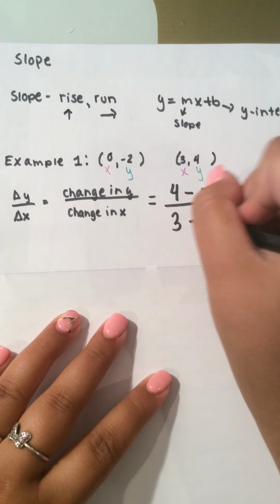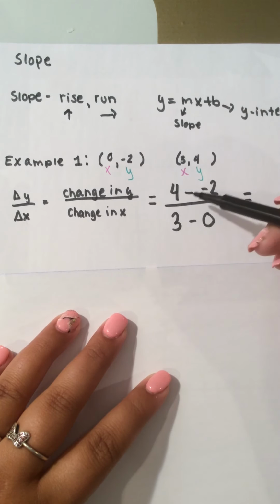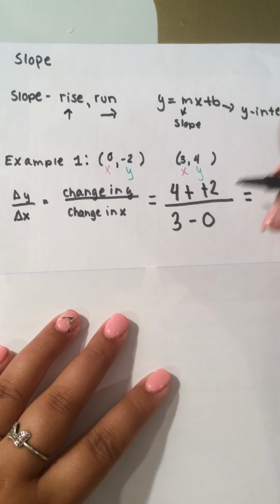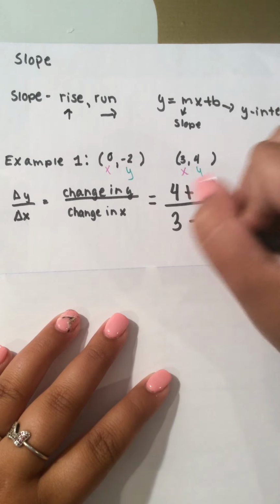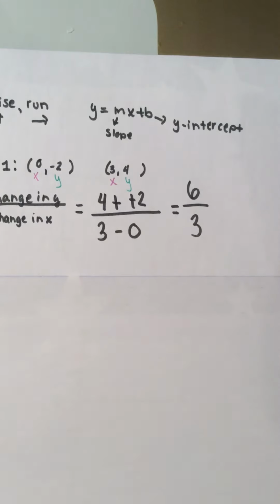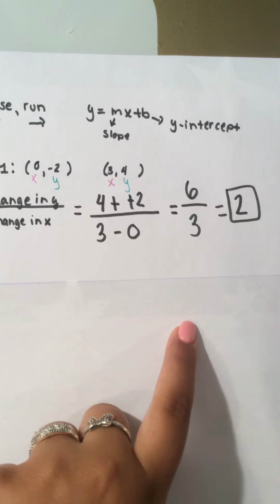So I'm going to have 3 minus 0. Well, 4 minus a -2, minus a negative actually changes into a positive. So I'm going to have 4 plus 2, which is 6. 3 minus 0 is 3. Now this does simplify. So 6 over 3 does simplify to 2. So my slope is 2.